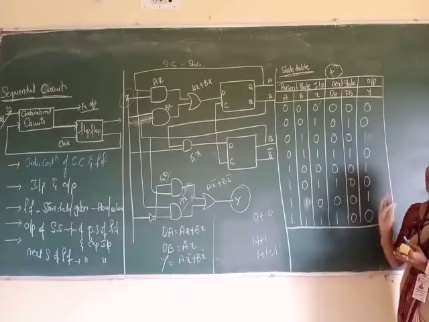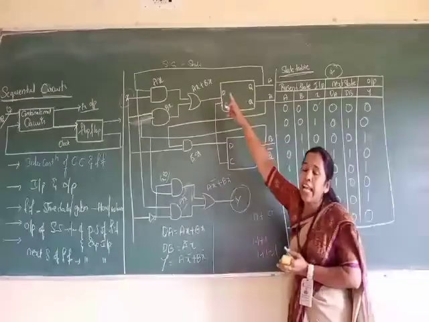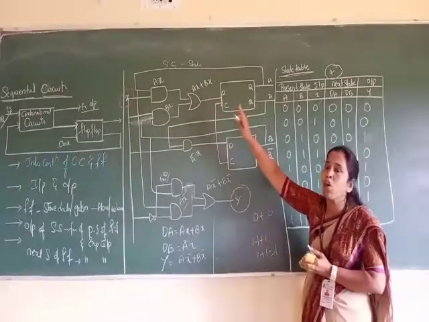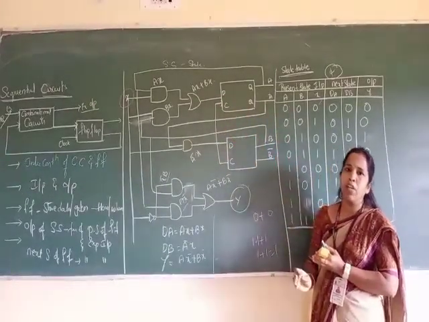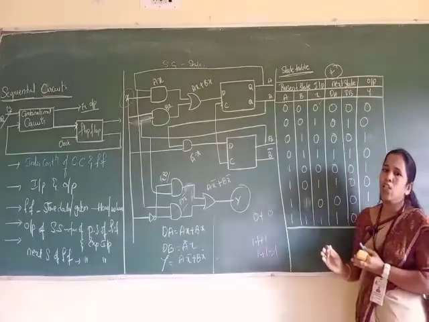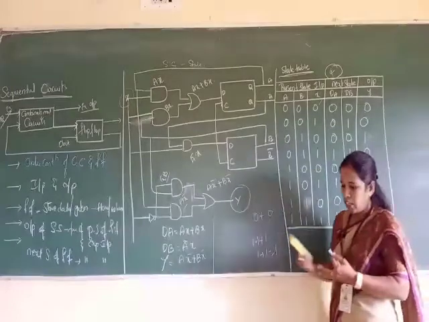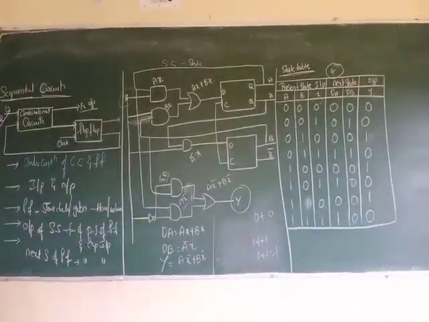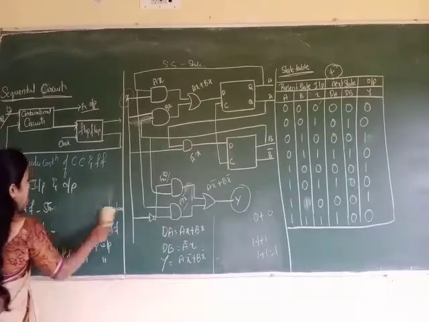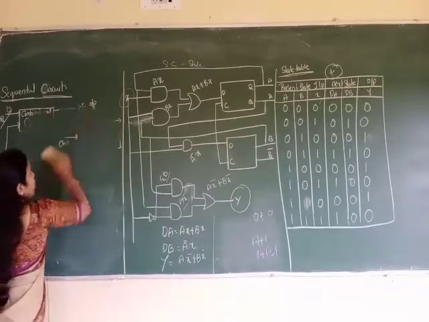Right. So in case of the state table, now I have to generate the state diagram. So the conversion is sequential circuit into state diagram here. So now in this case, how am I going to generate the state diagram? So this side we will do the state diagram. Now from the table only you have to draw the state diagram.